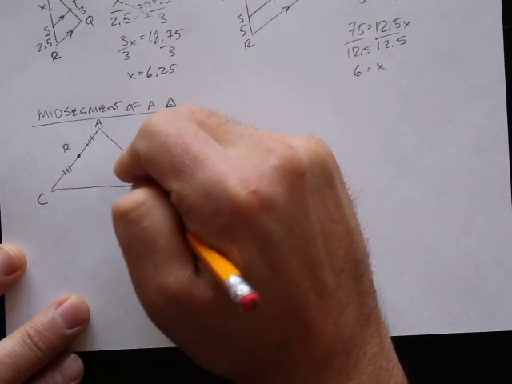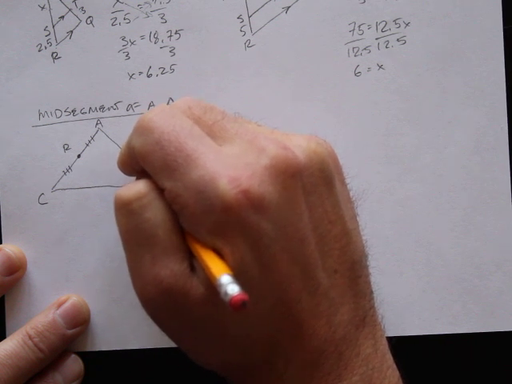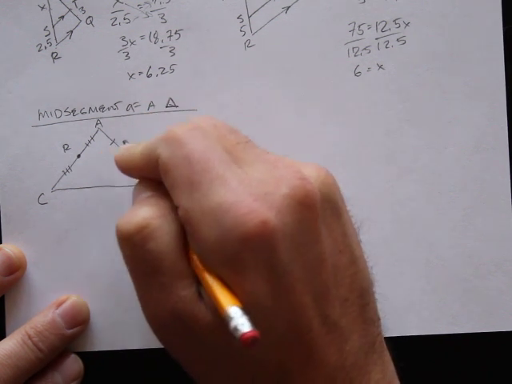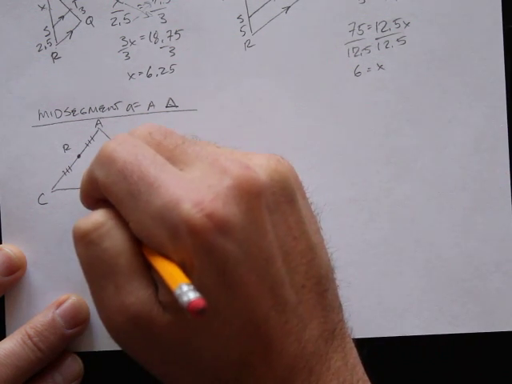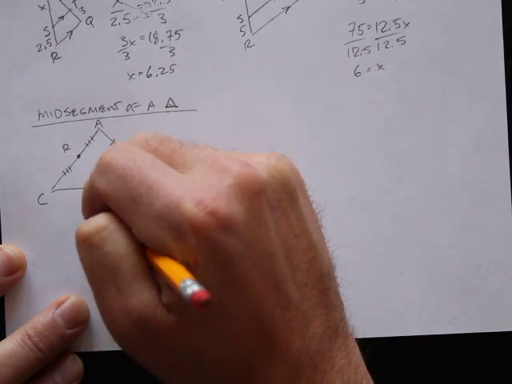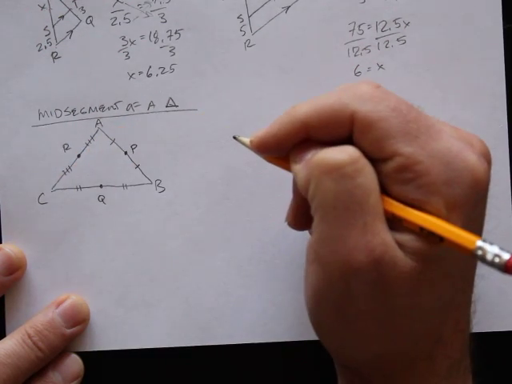And then right in the middle of AB, I've got point P, and AP is congruent to PB. Now right in the middle of CB, I've got Q. And QB is congruent to QC.